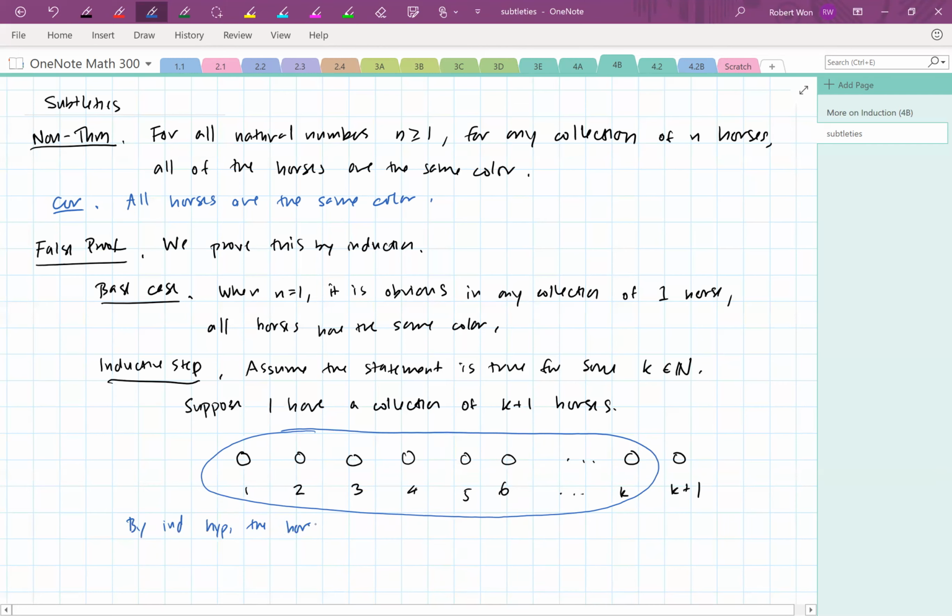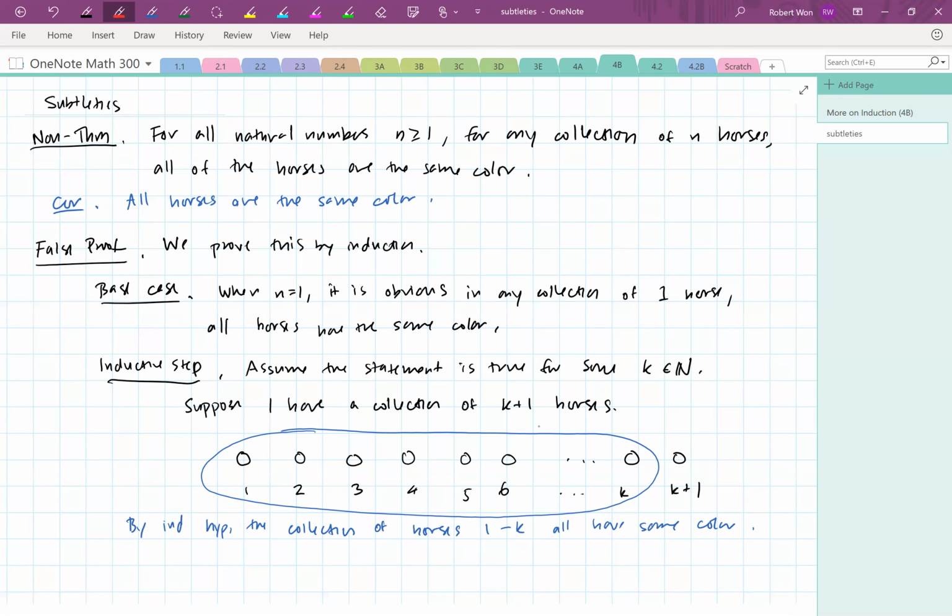The horses, or the collection of horses, one through k, all have the same color. I'm allowed to assume the induction hypothesis and induction argument, so that's fine.